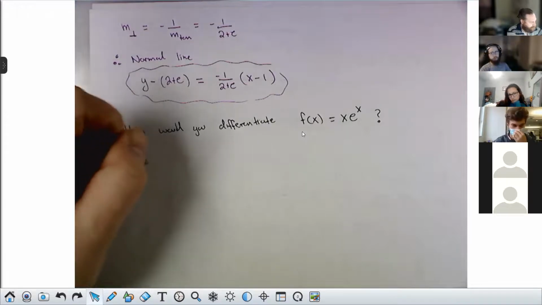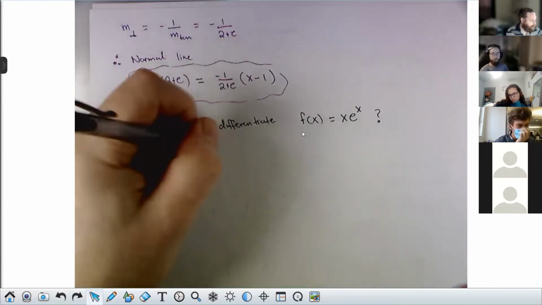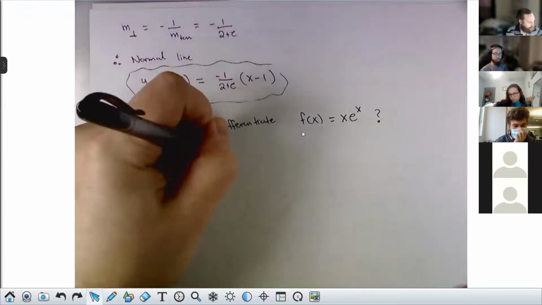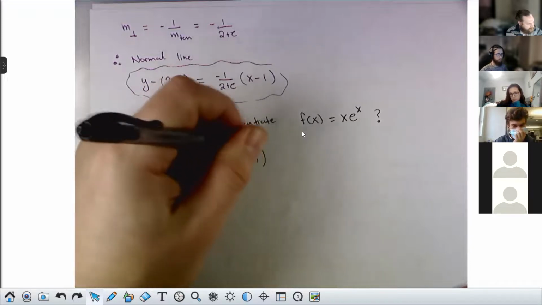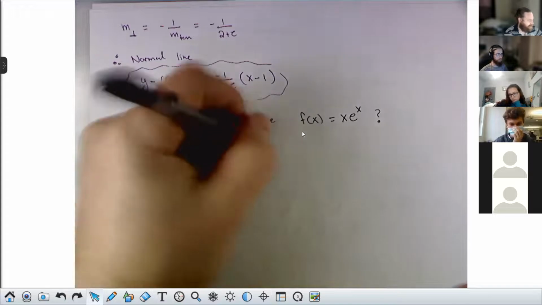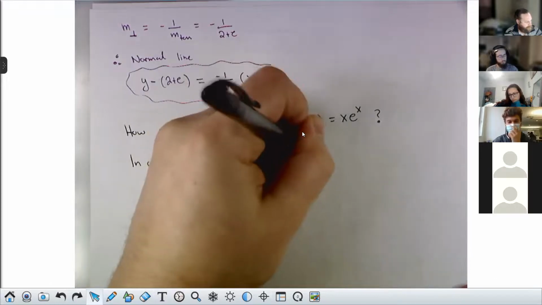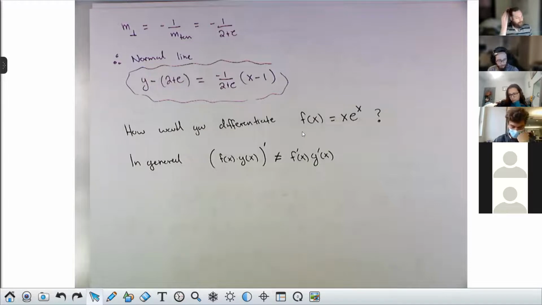In general, if you want to differentiate a product of two functions, if you want to prime something that looks like f of x times g of x, this is not f primed times g primed. So the derivative of x e to the x is not 1 times e to the x. That doesn't work. There's a good reason for this.